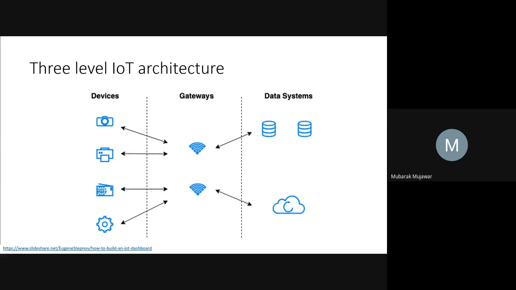Is it real-time data, or is there another type of data I'm going to get? What kind of data systems am I going to use? We have to think about that as well. Essentially, our IoT data moves between these three levels via different transmission channels, so we also have to look at those transmission channels.